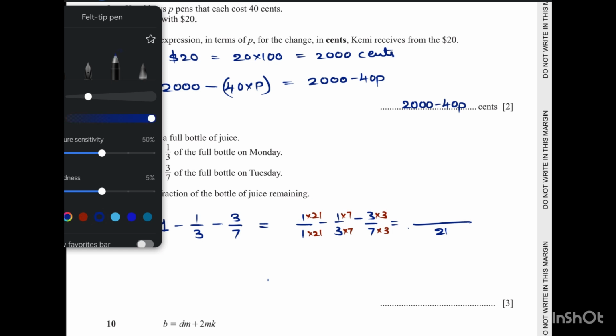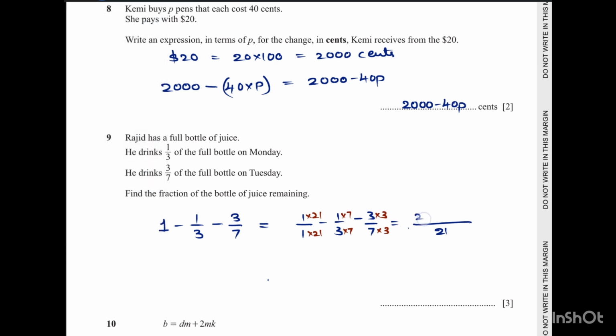So let's next write down the numbers as it is after multiplying. So 21 minus 16 by 21. 21 minus 16 is how much? 5. So 5 by 21 is the fraction of juice remaining.